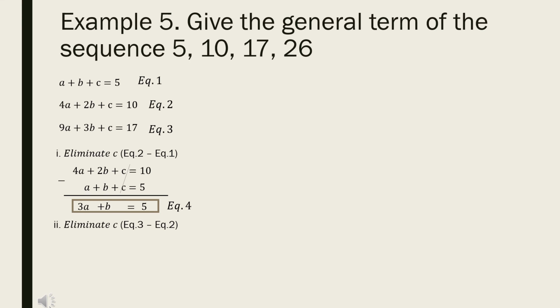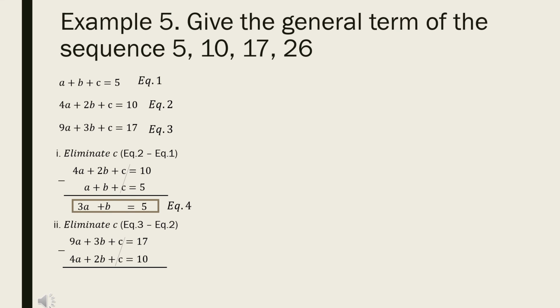Next, to eliminate, we will subtract equation 3 minus equation 2. Here, again, the variable that will be eliminated is c, because c minus c is 0. Our equation 3 is 9a plus 3b plus c is equal to 17. Our second equation is 4a plus 2b plus c is equal to 10.